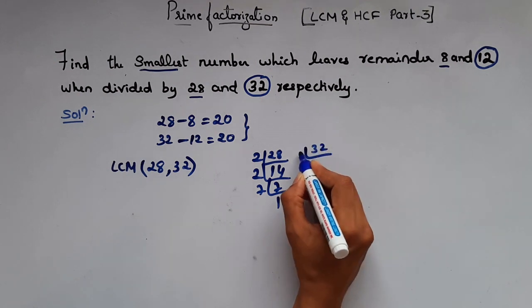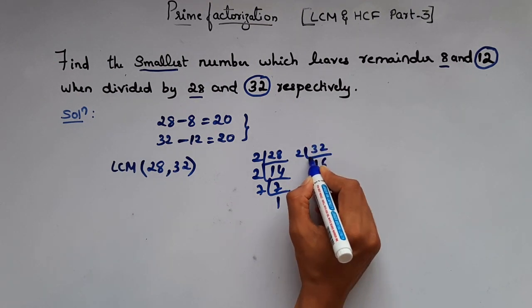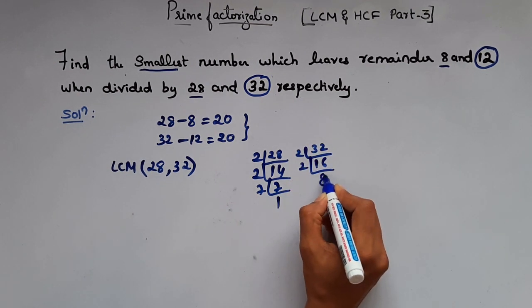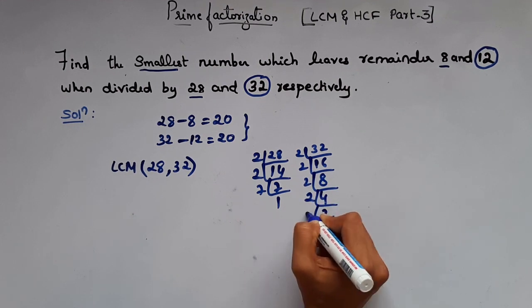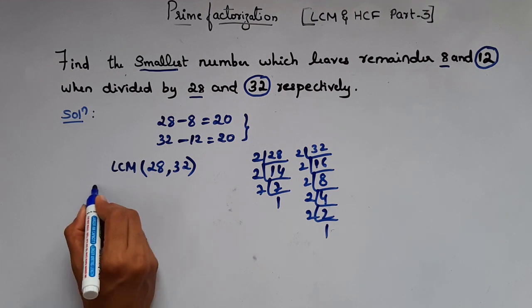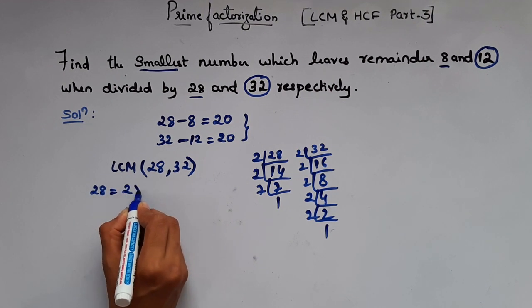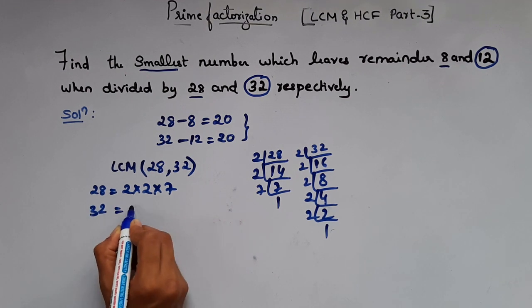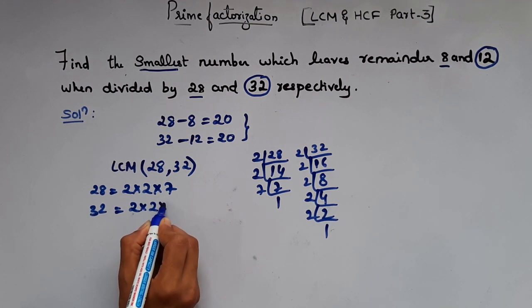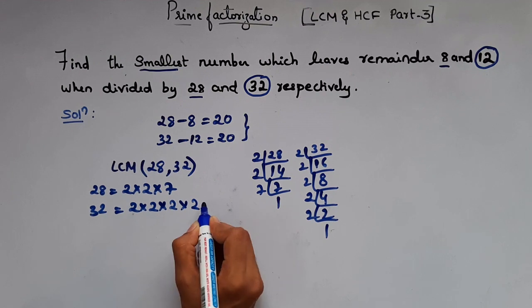And 32: 2 1s are 2, 2 6s are 12, 2 8s are 16, 2 4s are 8, 2 2s are 4, 2 1s are 2. So 28 is 2 into 2 into 7, and 32 is 2 into 2 into 2 into 2 into 2.